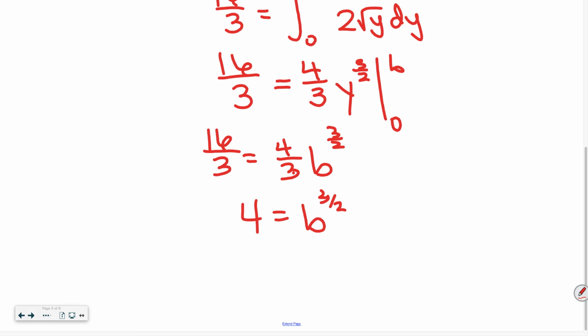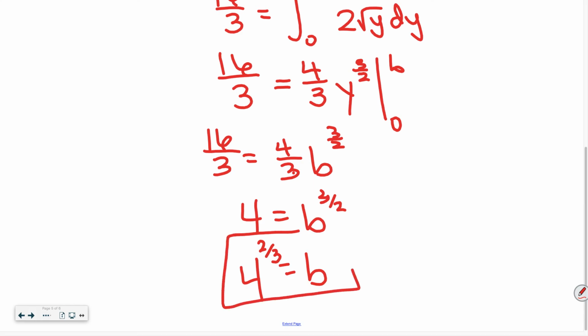So to get b by itself, we would have to take each side to the 2 thirds power. And you can just leave it as 4 to the 2 thirds. It's not going to be a nice number. But that would be exactly what would cut it in half.